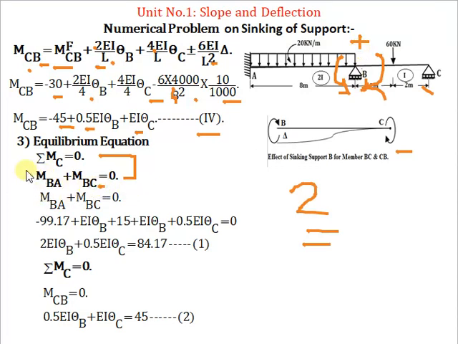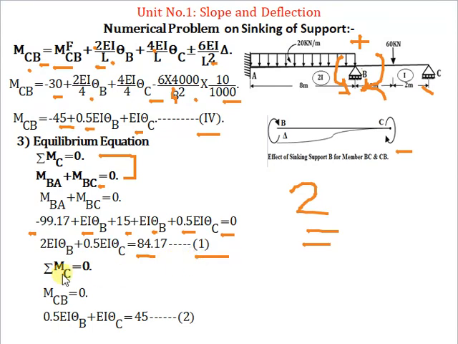Now putting here the previous equations calculated from the slope deflection equation, MBA is minus 99.17 plus EI theta B, plus 15 plus EI theta B plus 0.5 EI theta C is equal to 0. So we have 2 EI theta B plus 0.5 EI theta C is equal to 84.17.